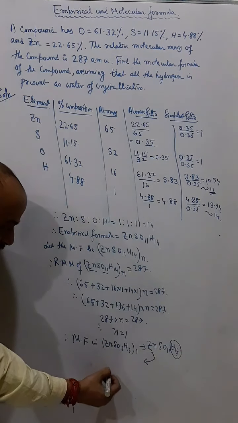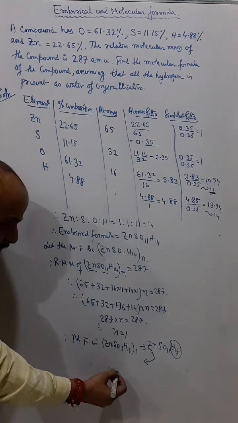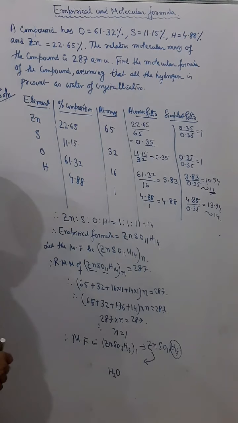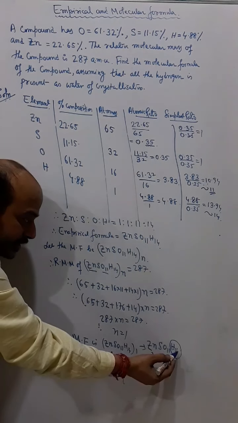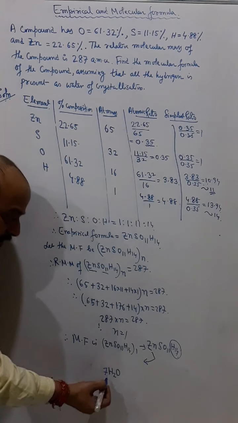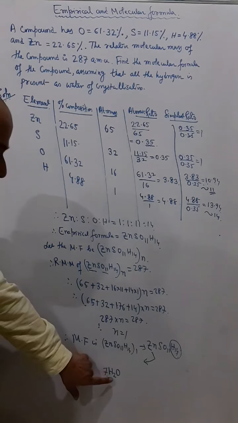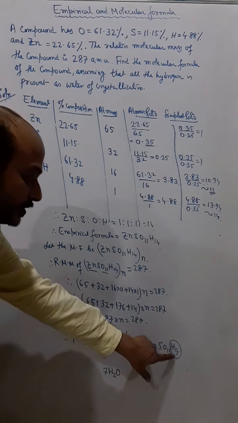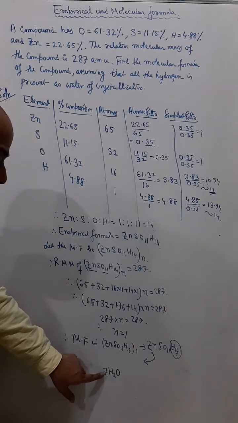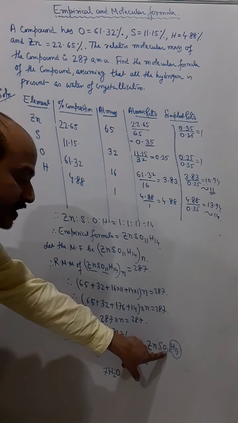First I am writing water, because water of crystallization is generally written at last. So H2O, that's water. How many hydrogen is there? 14. Now here I should put 7, right? 7H2O. Now you can see hydrogen becomes 14 and oxygen is 7, but the actual oxygen is 11.